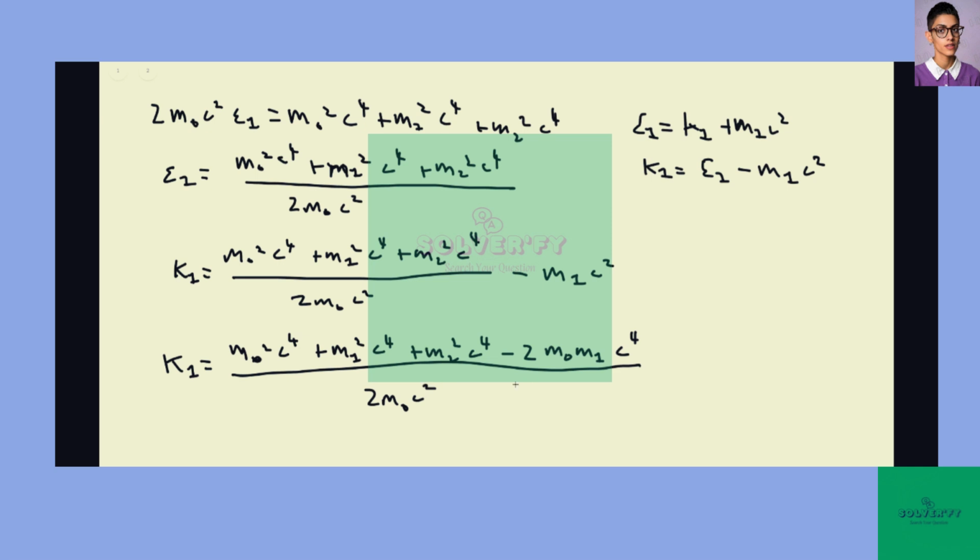You see what I just did here? I just multiplied top and bottom by 2 M0 C squared in order to give it a common denominator, and then I could just combine everything.